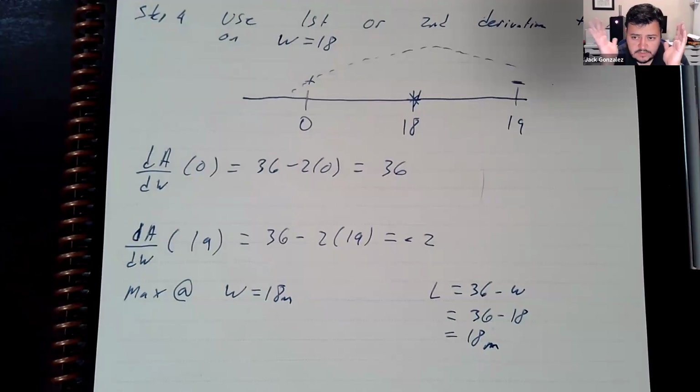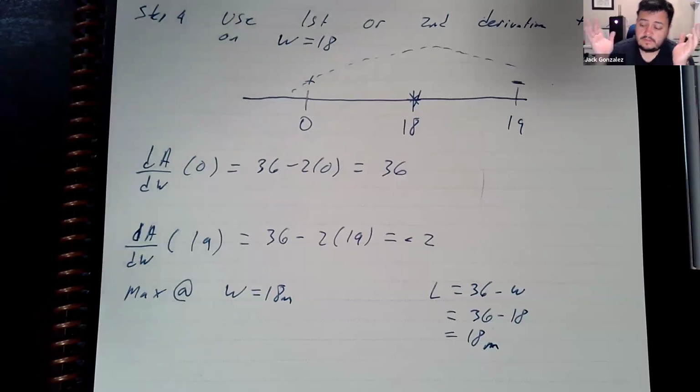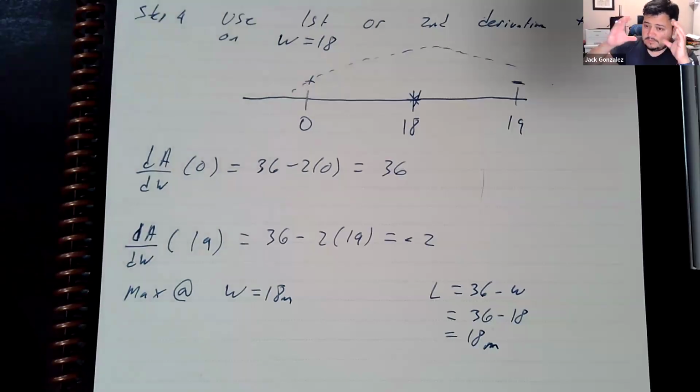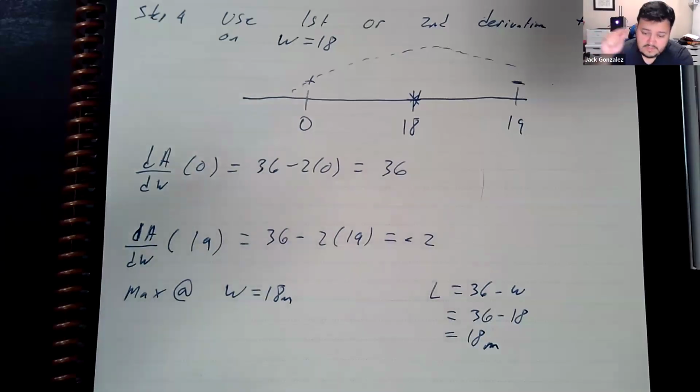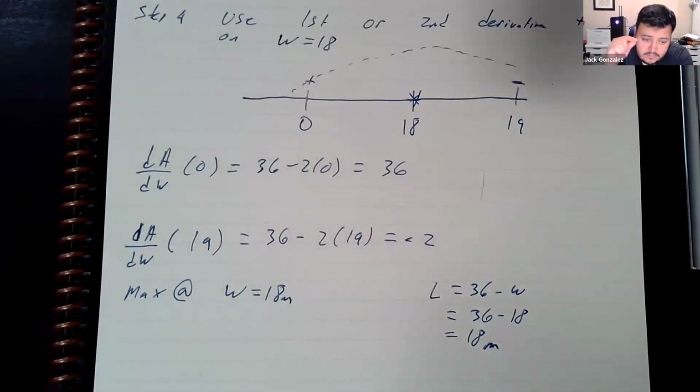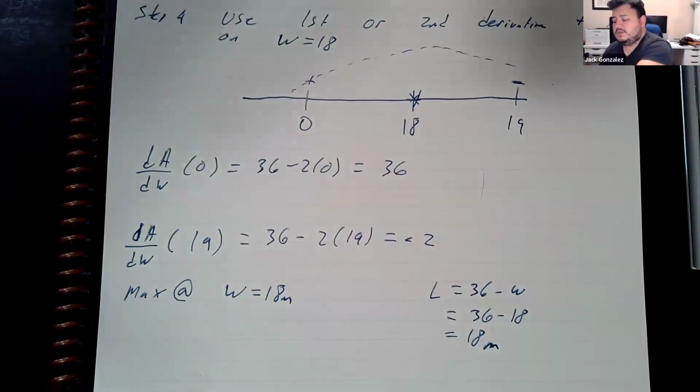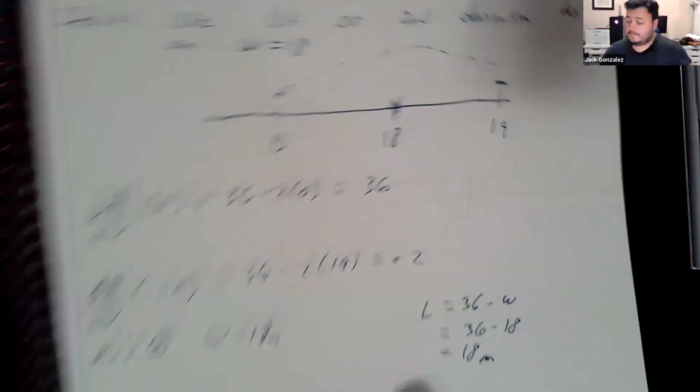So I want you to think of the big picture. Doesn't matter what we're talking about. If it says maximize this given something else, you take the derivative of what you want to maximize and set it to 0. In a nutshell, that's what we're doing, right? So let's not make this harder than it is.